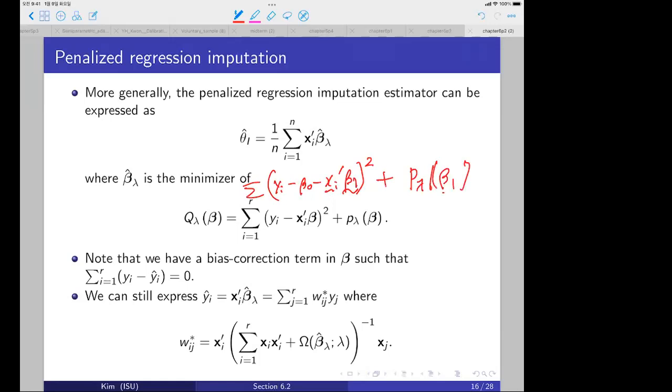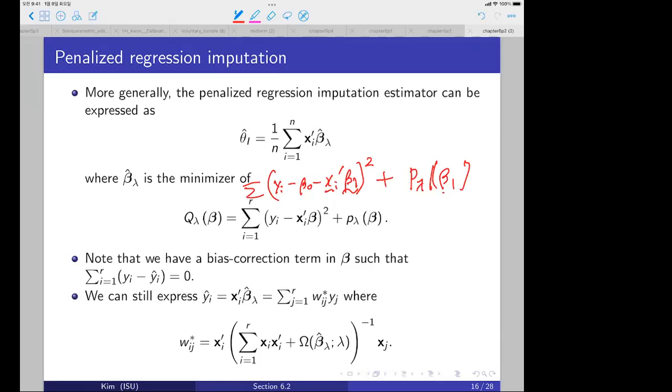So if you do that, then we always satisfy this, right? Because we don't do any penalization on beta 0, but still do penalization on beta 1, which is the slope. And then you can use that, then you can still write this here, right? For some omega, I mean, diagonal.